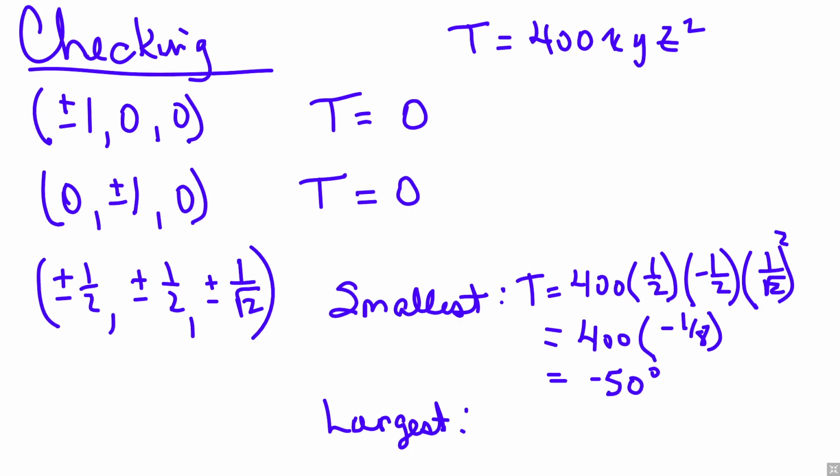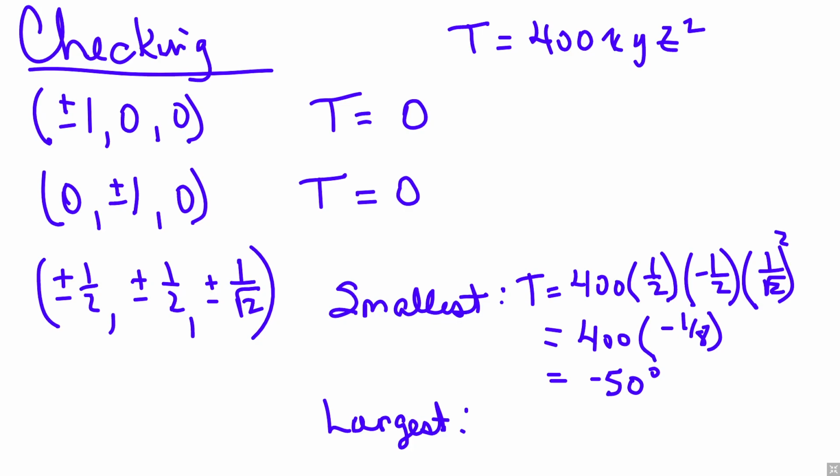And then for the largest, again, z is not a factor because it's always going to be squared, so it's always going to be positive. So either x and y both have to be positive, or both x and y have to be negative. It doesn't matter which one we check.